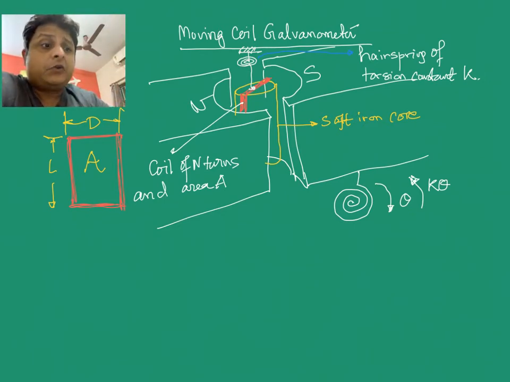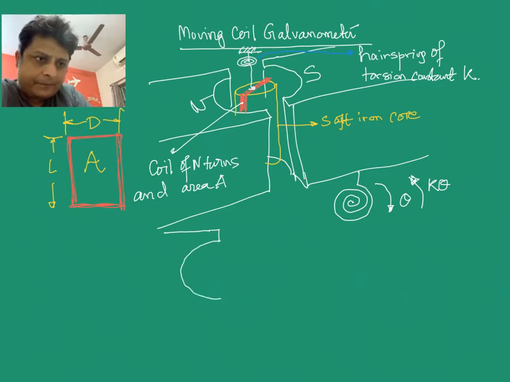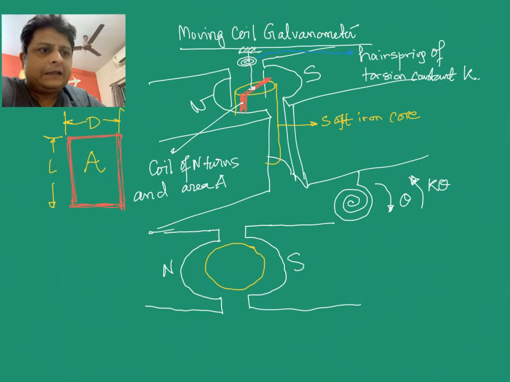Now I'll be showing the top view of this thing. See. North pole of the magnet, south pole of the magnet, and there this is a soft iron core, and this is the coil.